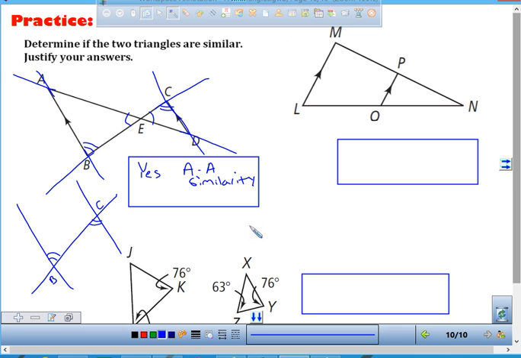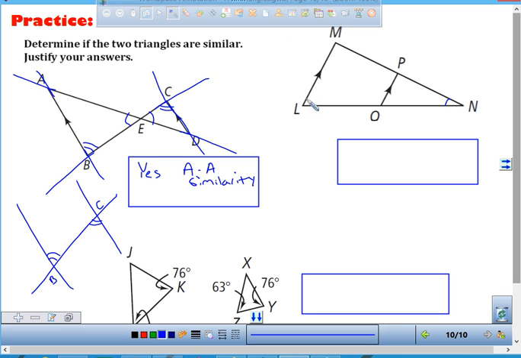Listen to the name of my triangles. LMN, OPN. N is in both of them, right? So N has to be congruent to itself. So that's in both triangles, that's got to be congruent. Okay? Do you have another pair of congruent? Huh? Why do you say L and O?